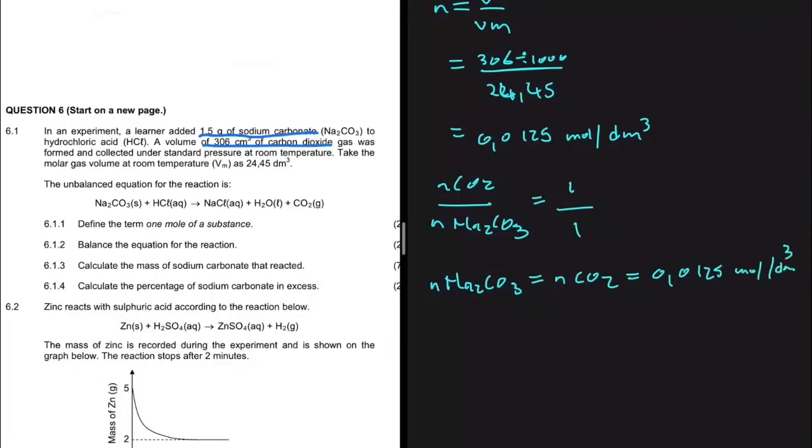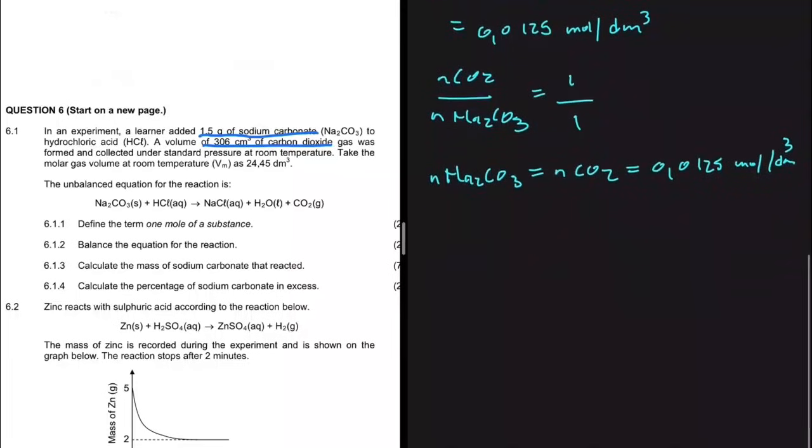So now we have the number of moles of Na2CO3 that reacted, and we can then find the mass. Because we know that the number of moles is equal to the mass divided by the molar mass if you're dealing with a solid. So now we can say that this is for Na2CO3. Let's not forget that. So now we can say that the mass is equal to the number of moles multiplied by the molar mass, we cross multiply.